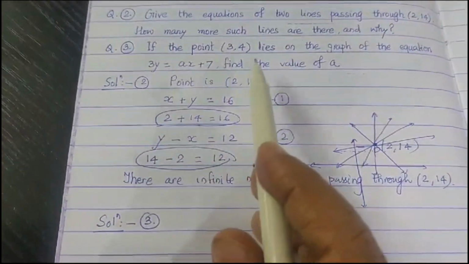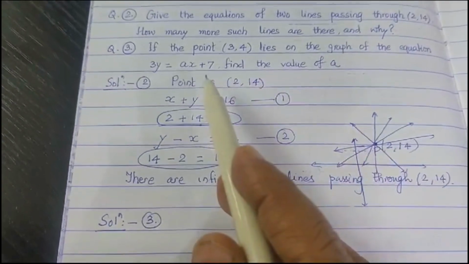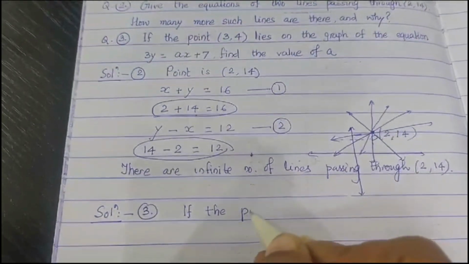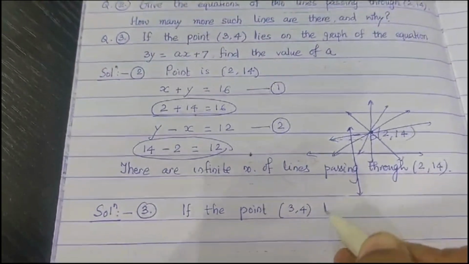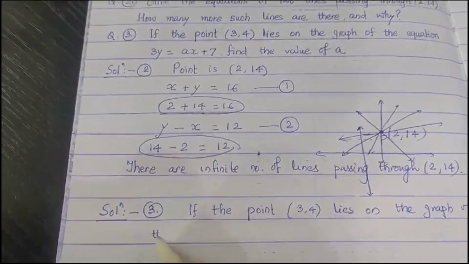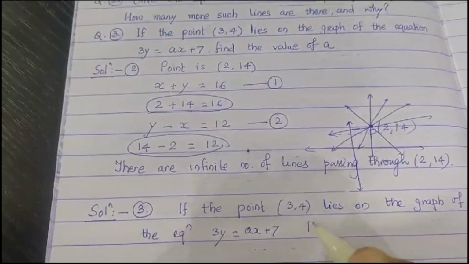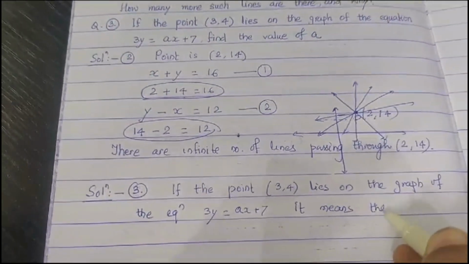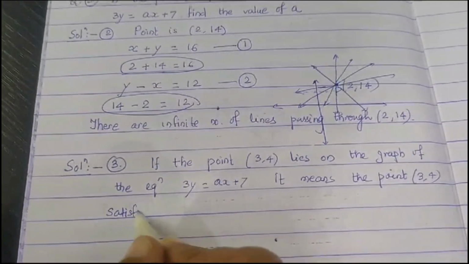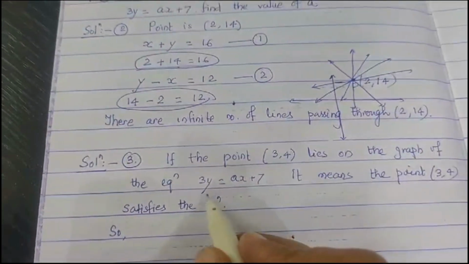The question is: if the point (3, 4) lies on the graph of the equation 3y is equal to ax plus 7, find the value of a. If this point lies on the graph of the equation, that means this point will satisfy this equation. So, if the point (3, 4) lies on the graph of the equation 3y equals ax plus 7, it means the point (3, 4) satisfies the equation.